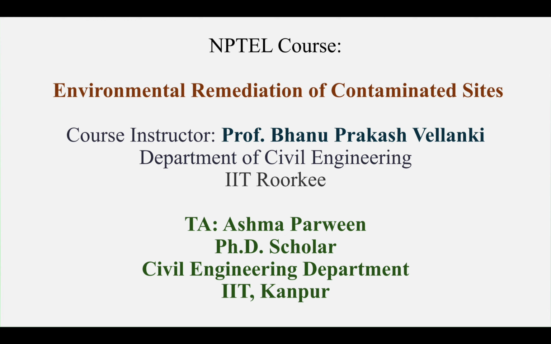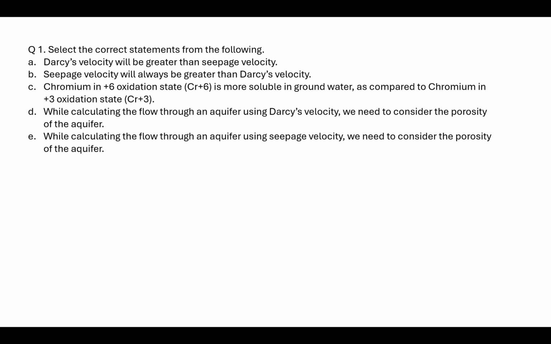So now let's try to solve the question. Let's go to the first question. The first question is: select the correct statements from the following. First, Darcy velocity will be greater than seepage velocity. Option B is seepage velocity will always be greater than Darcy velocity. C is chromium in plus 6 oxidation state is more soluble in groundwater as compared to chromium in plus 3 oxidation state.